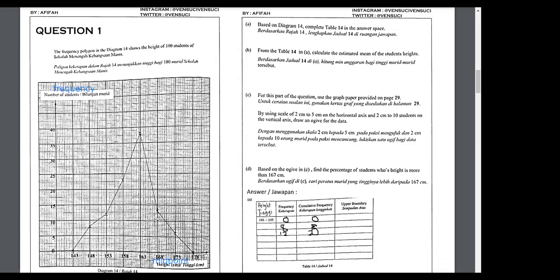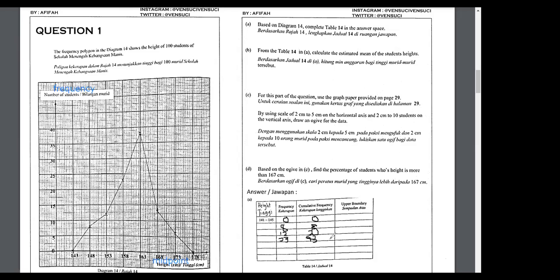So we can see 0, 8, 12, and 23. 23 is the frequency. And then for the cumulative frequency, we need to add from the start. So it's 0 plus 8 plus 12 plus 23 equals to 43. But if you don't want to be confused, you just add from the last cumulative frequency you have obtained. So for example, you see 20, and then your frequency is 23. So you just add straight 20 plus 23 equals to 43. It's still the same answer.